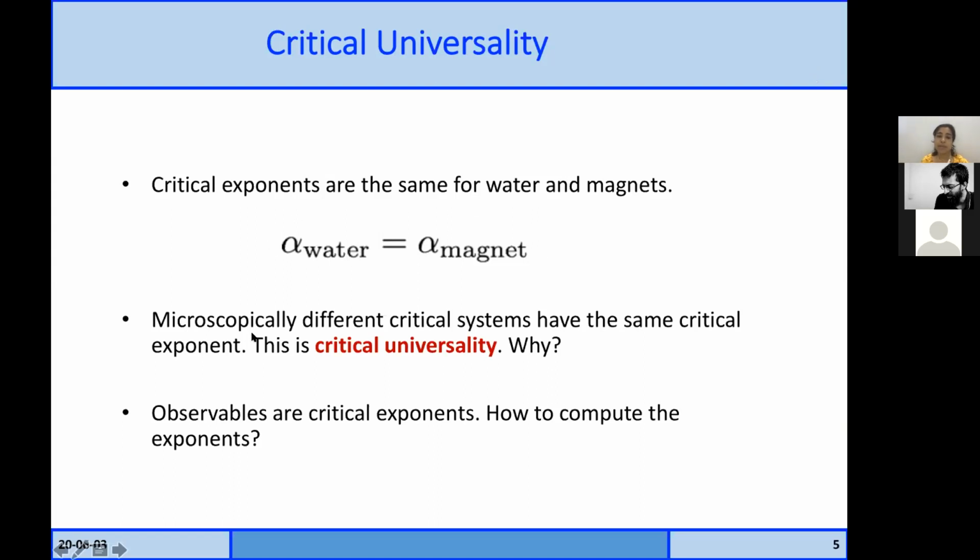So microscopically different systems have the same critical exponent, and this is known as critical universality. Now the question is, why is it so? Why do we observe something which is universal? The observables are the critical exponents that we measure, and we will see how to compute these critical exponents.